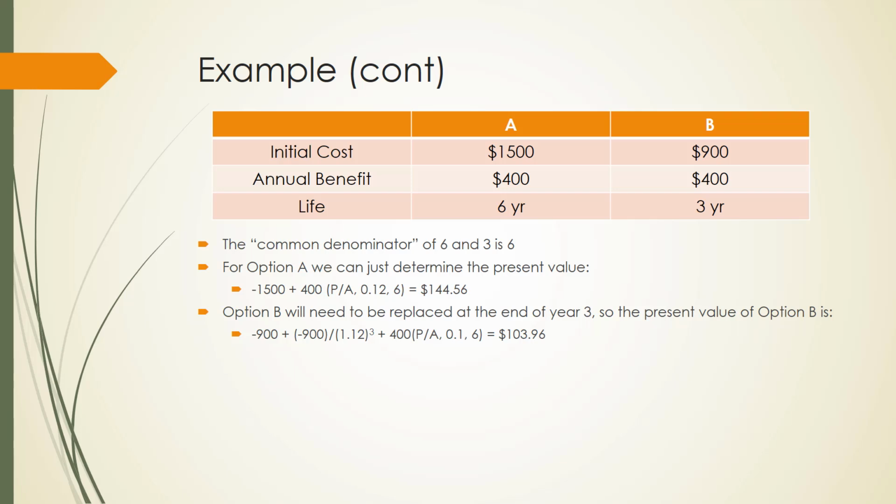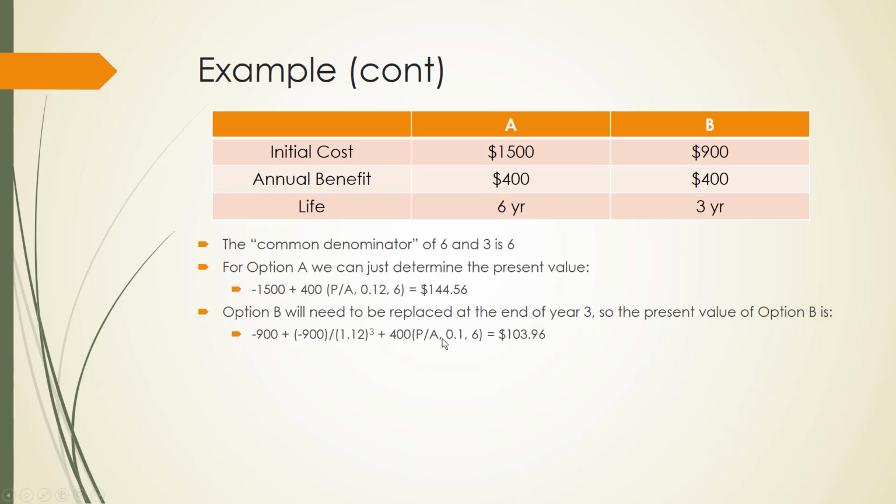Option B needs to be replaced at the end of year 3. So to do that present value, I'm going to have the initial purchase price in year 0, at the beginning of year 1. And then at the 3rd year, I'm going to have to purchase a new one and bring that future value back to the present 3 years.